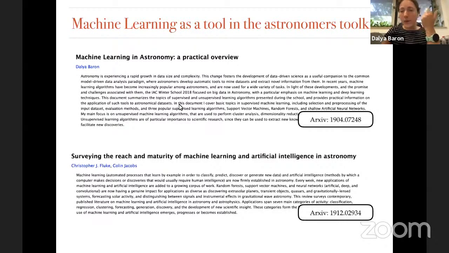The first one is by me from 2019, where I try to give a practical overview of different machine learning algorithms, of different tools that we can apply to our dataset, where I try to note the specific challenges we face as astronomers and as scientists when applying these tools to astronomical datasets.